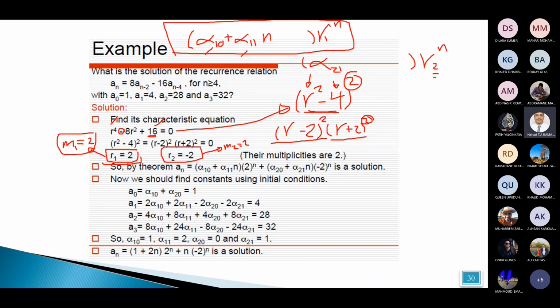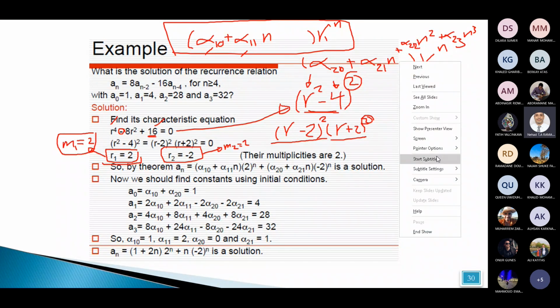Then for the second part, constant alpha 2,0 plus alpha 2,1 multiplied by n. If you had more multiplicity, you would add a constant multiplied by n power 2, then n power 3, and so on.